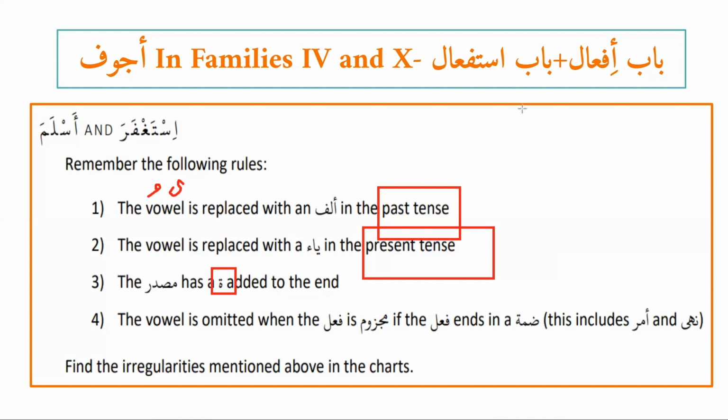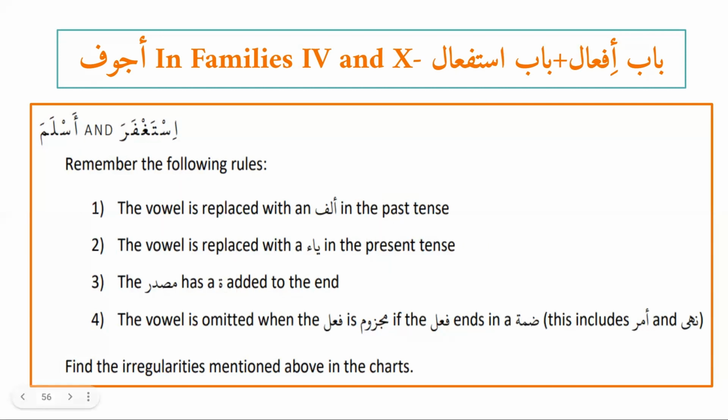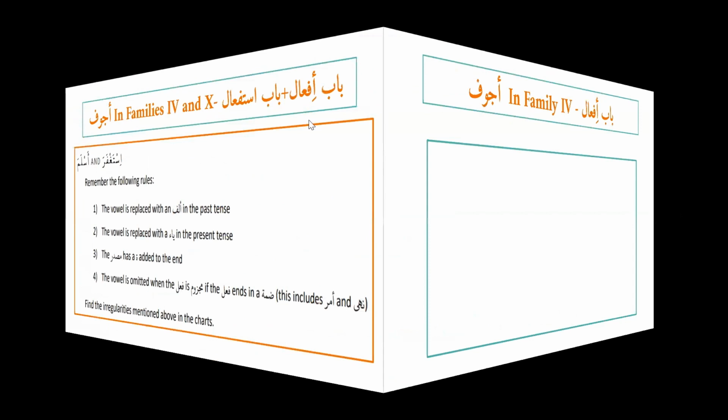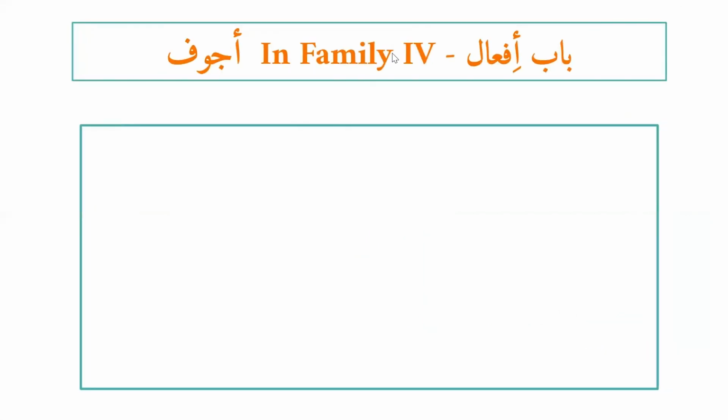And when we do these changes just theoretically, it doesn't look easy. But when you come to the actual example, then it becomes very easy. Let's see. Okay, so let's take family 4, bab if'al first.